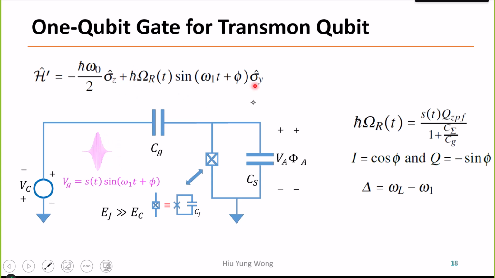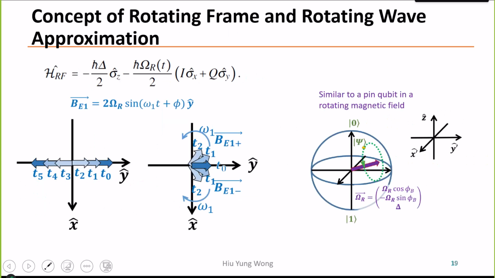Again, you get sigma x and sigma y, and you know what it is again, right? So this is just like the rapid oscillation. You have this h omega equal to this, and eventually you can also have the cosine phi and sine phi. If you try to do a rotating frame and rotating wave approximation, then eventually you get into this equation.